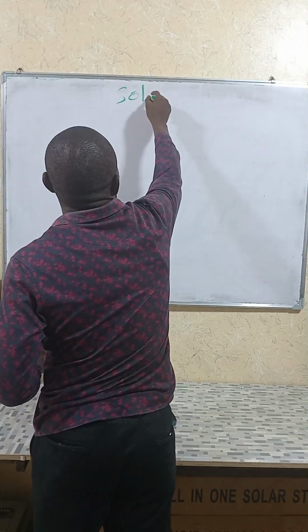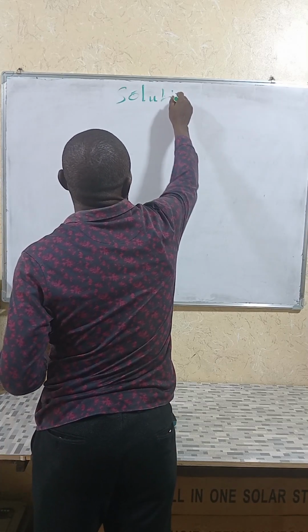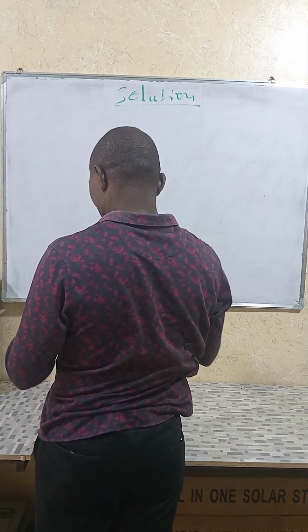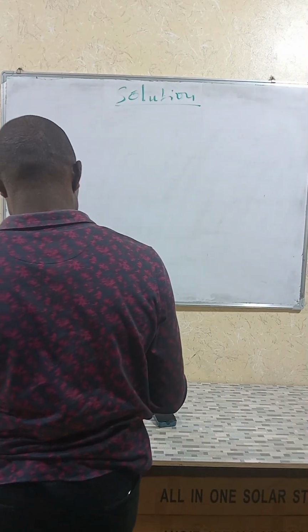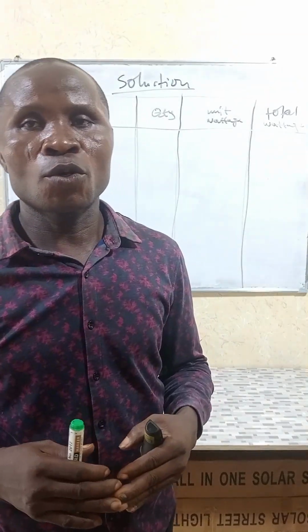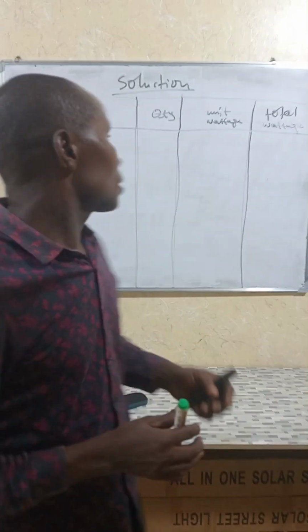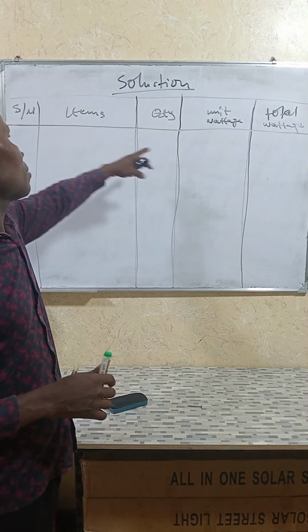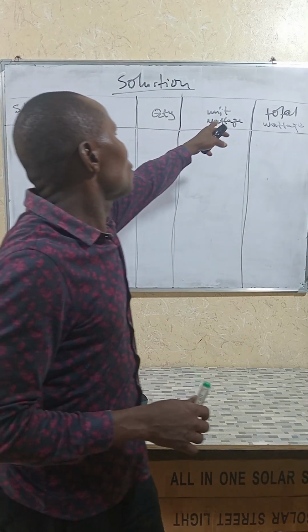We are still using a tabular form to get our data. Now we are gathering the items. We have the serial number, the items, quantity, unit wattage, and total wattage.